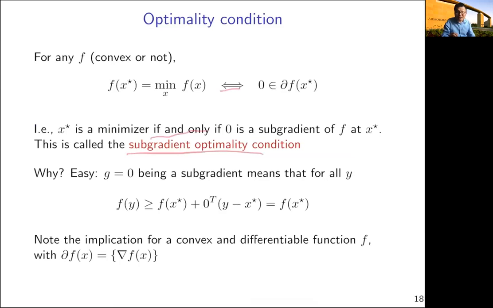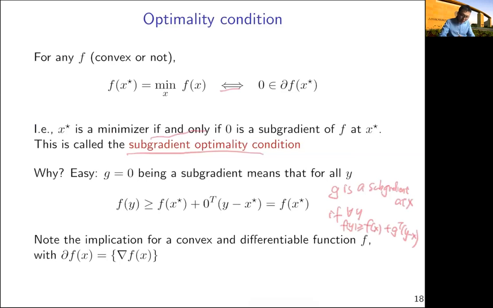So how do we see this? It's actually very straightforward. It follows directly from the definition of the subgradient. The definition says that g is a subgradient at x if for any y, f of y is larger than or equal to f of x plus g transpose times y minus x.